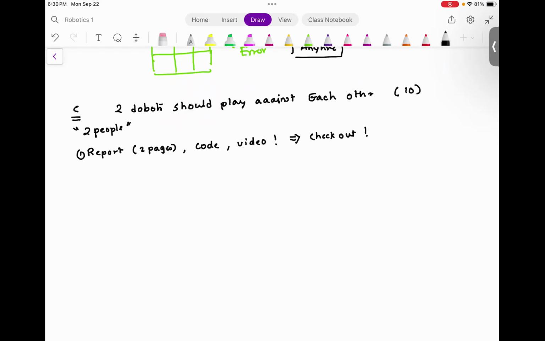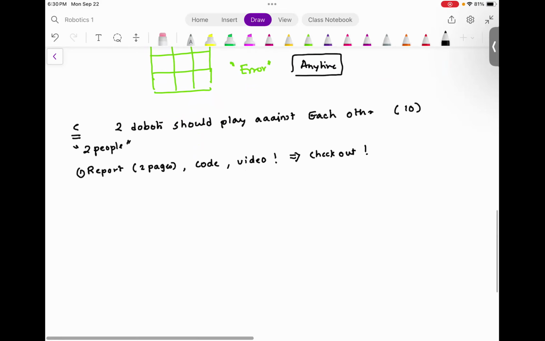Okay, now in today's class, as promised in last class, I'm gonna work out the forward and inverse kinematics for the R perpendicular R parallel to R robot.